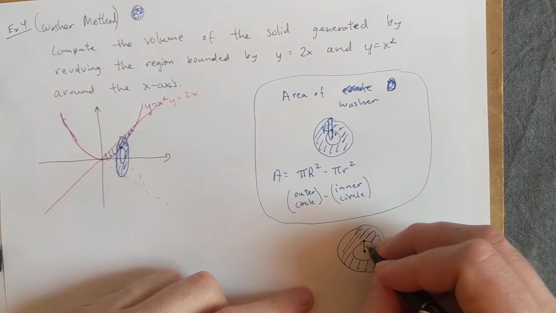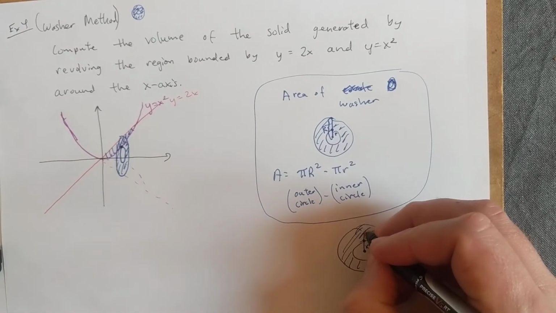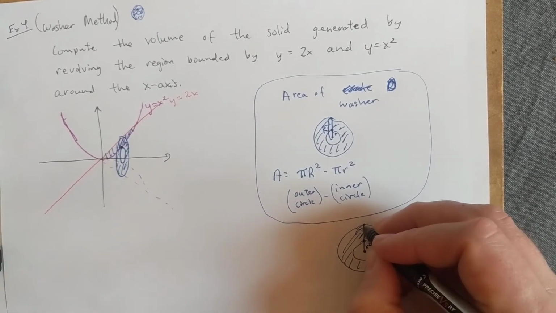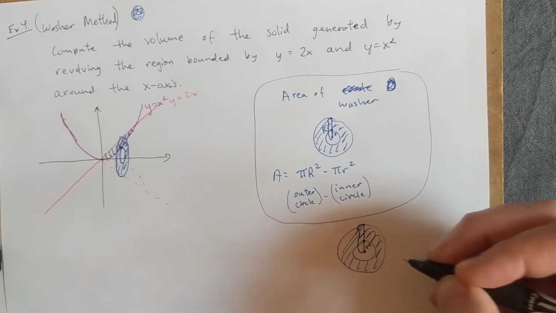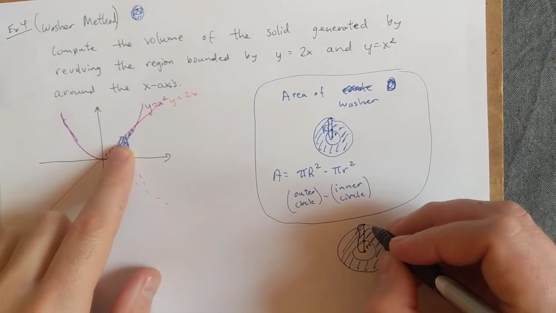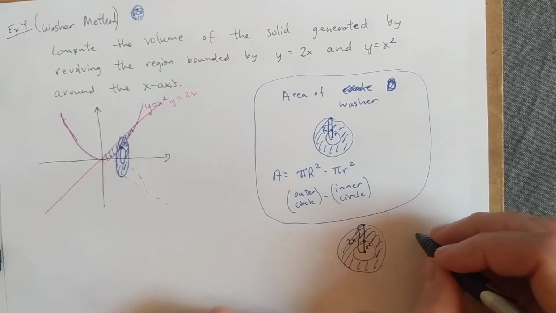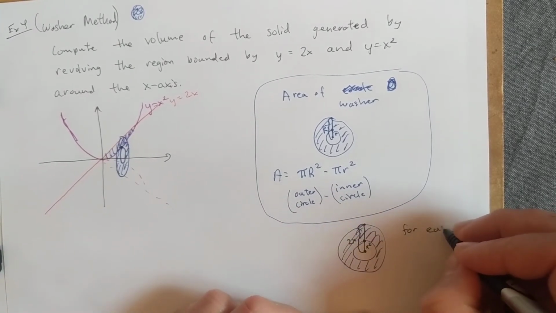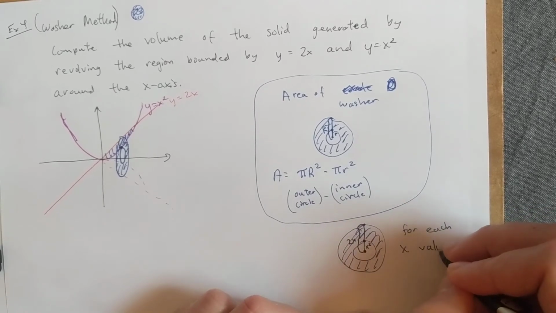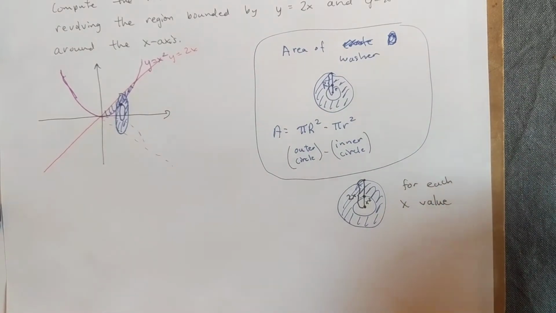So this smaller radius on the interval that we're looking at is given by x squared. And if we go all the way out from the middle, at the top we're hitting the function 2x. So for each x value, the outer circle has radius 2x and the inner circle has radius x squared.